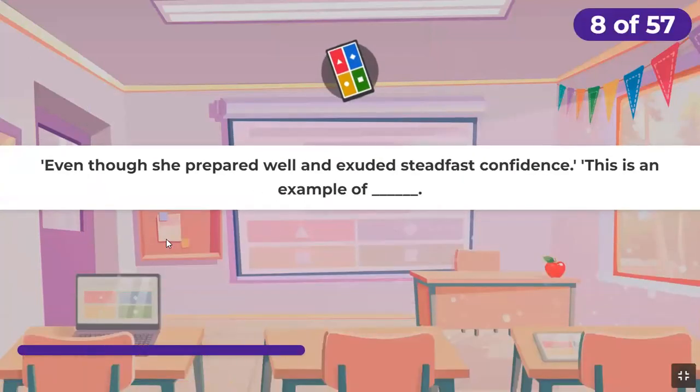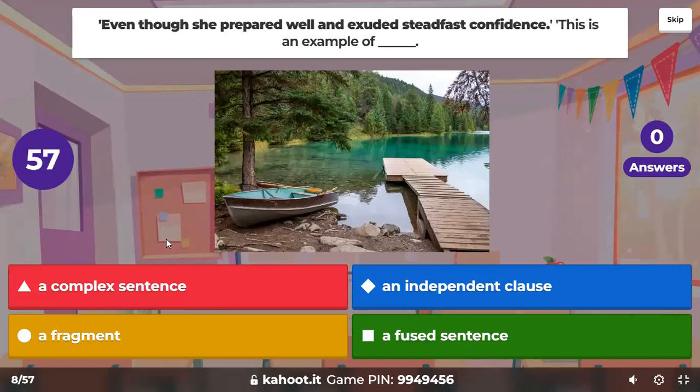Now, "Even though she prepared well and exuded steadfast confidence." This is an example of what? A complex sentence, an independent clause, a fragment, a fused sentence?